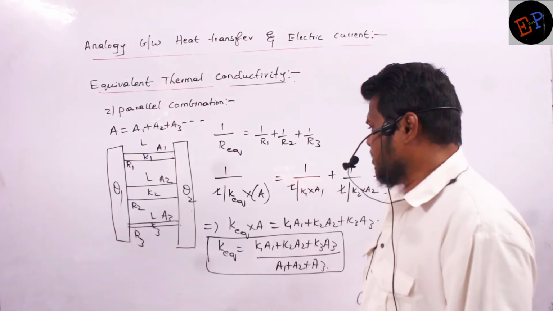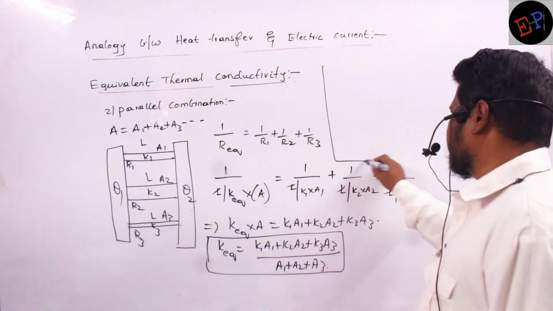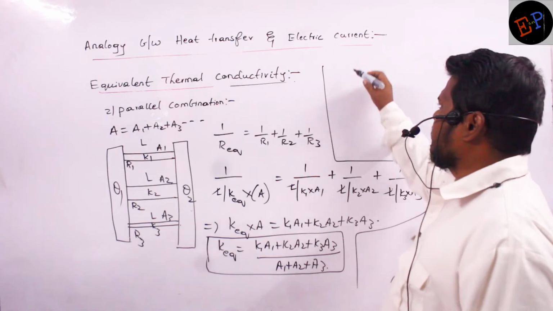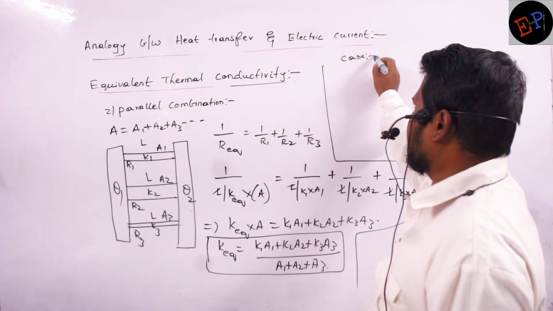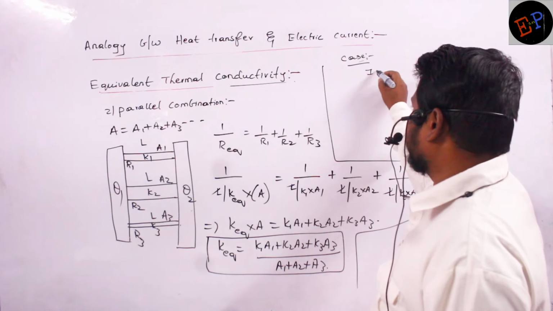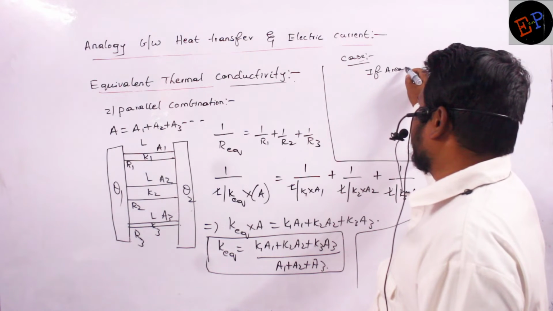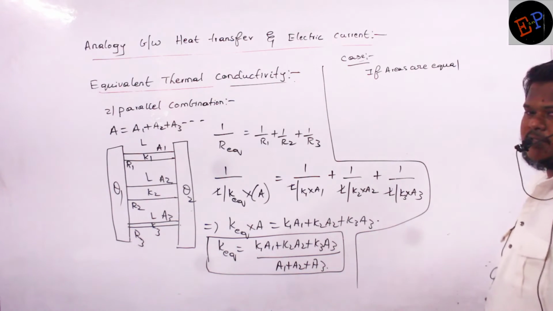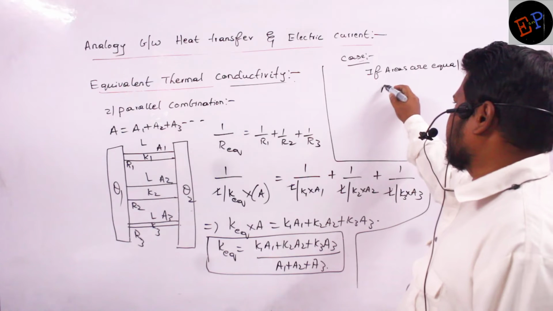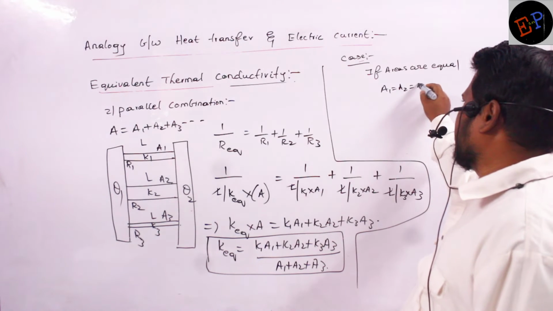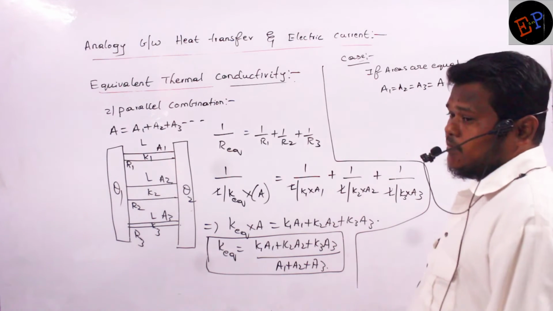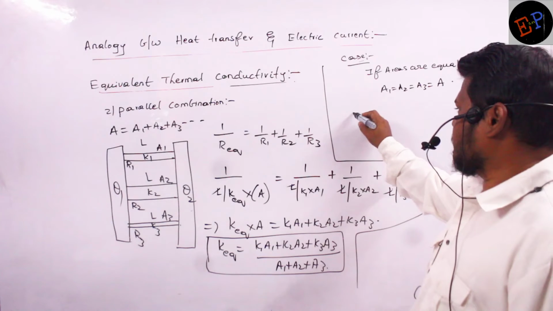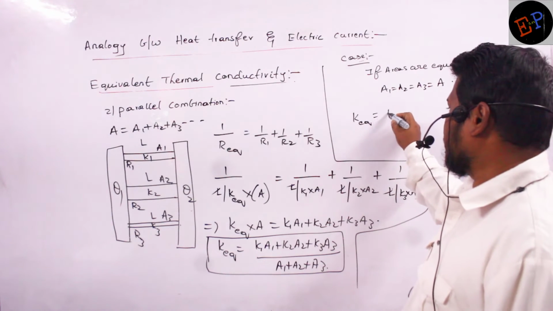So here we will write some cases. The case is if the areas are equal. If the areas of each rod are equal, then A1 is equal to A2 is equal to A3 is equal to A. I can take A common.